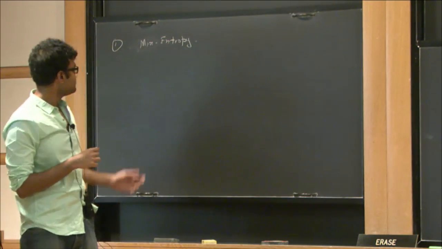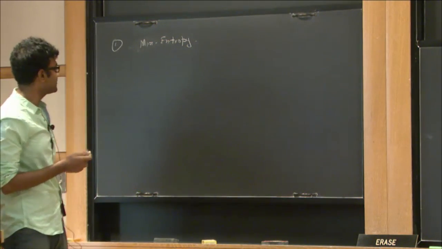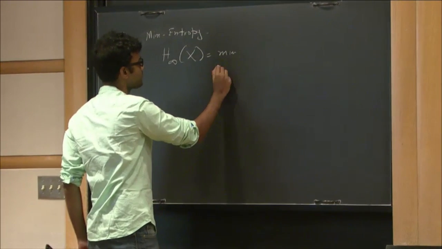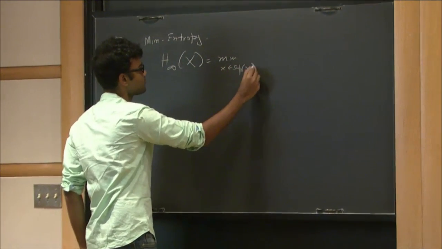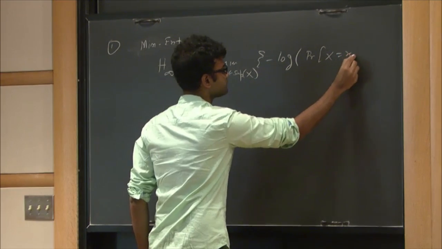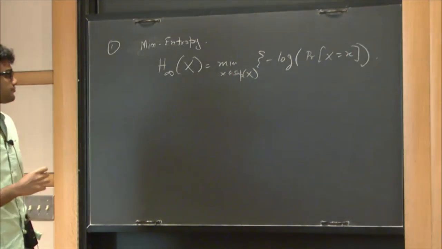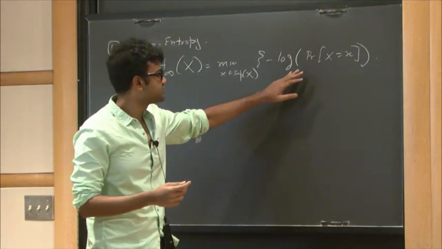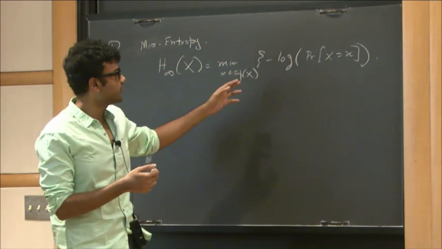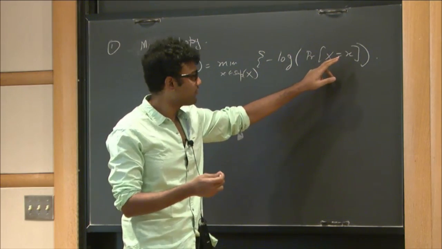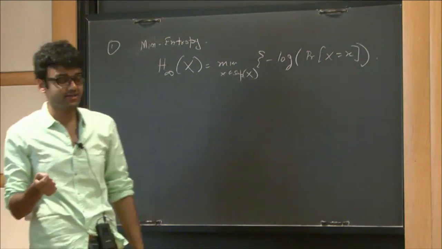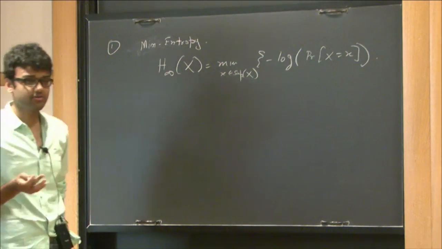This is the worst case analog of Shannon entropy, and it's defined as, with a suitable normalization, which is good, and the point is that we look at the element in the support of x where x places maximum weight, and that's the minimum uncertainty that x has. So that's the min entropy of this random variable x.